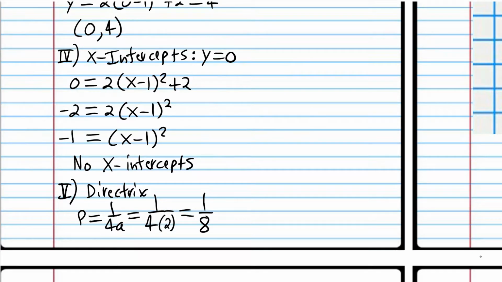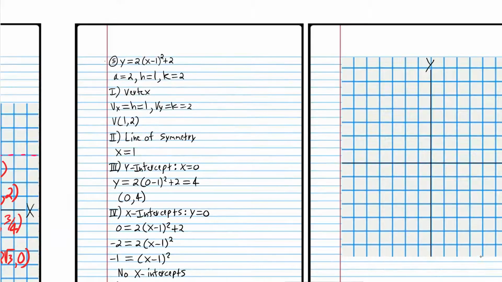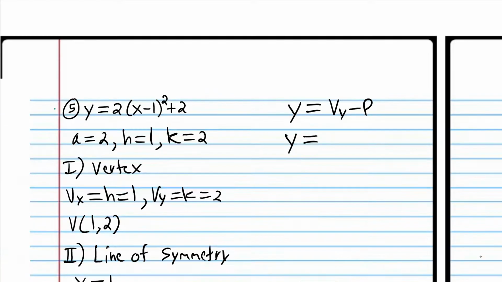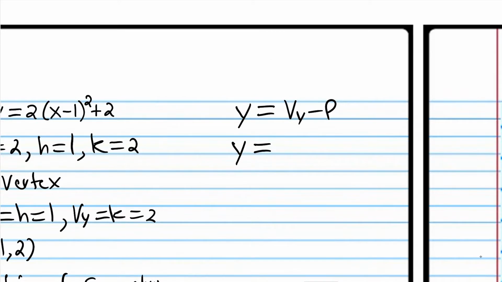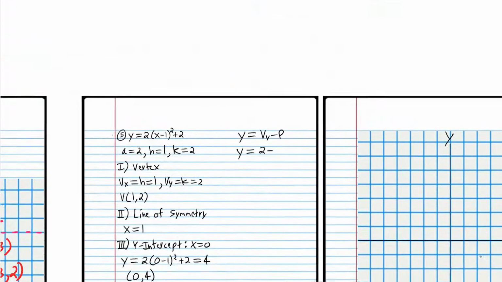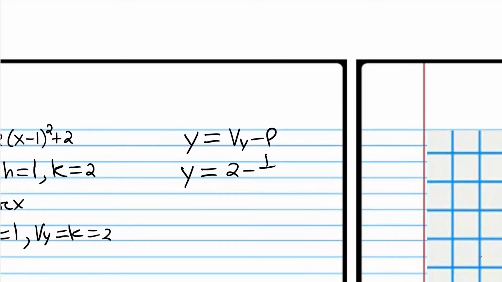So now we're going to find the equation of the directrix, which is always equal to the y value of the vertex minus p. The y value of the vertex is 2, and then we subtract p, and p is positive 1/8. So the equation is y equals 1 and 7/8.